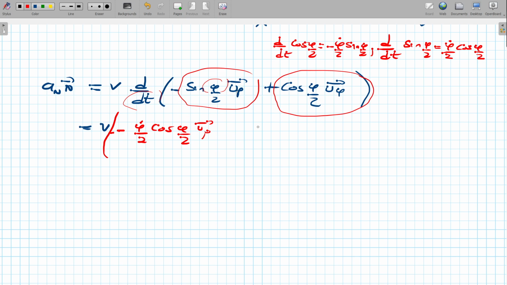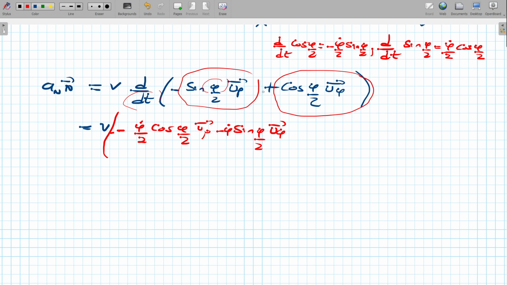Now, we leave the first one alone, which is minus sine phi divided by 2, but then we differentiate the u r. If I differentiate u r, I'm going to get phi point, with respect to time, that is, and then I'm going to get u phi. Hopefully, you're able to apply these things properly. So we are done with the first term.